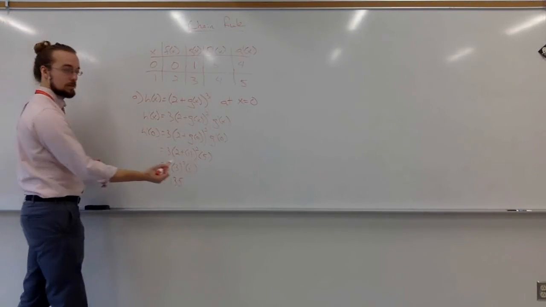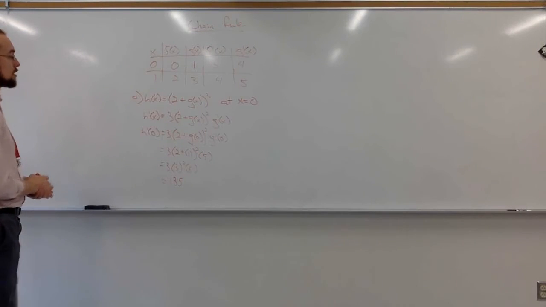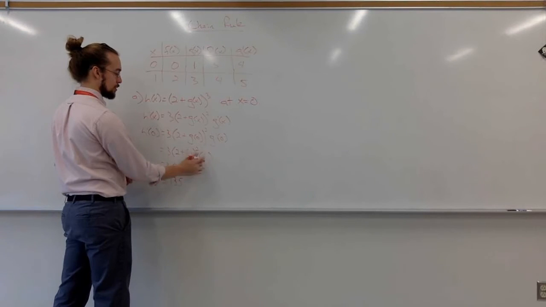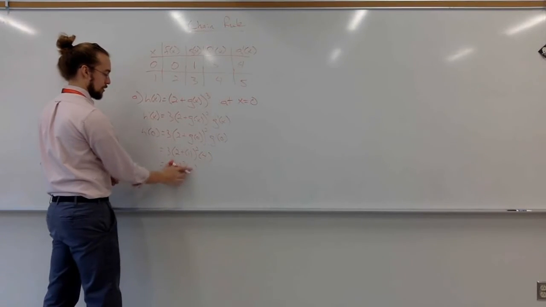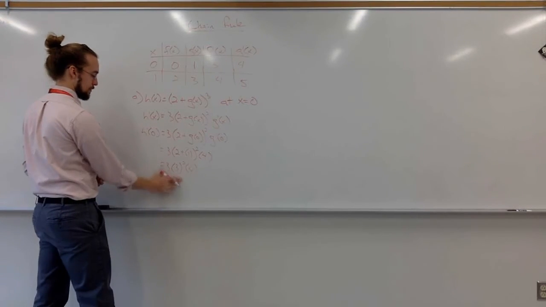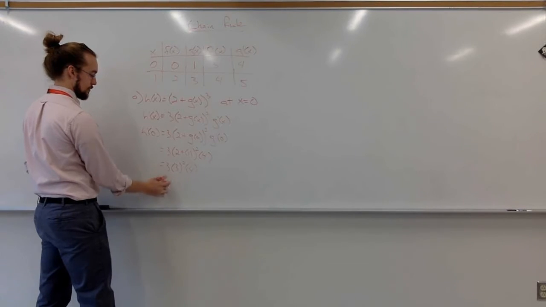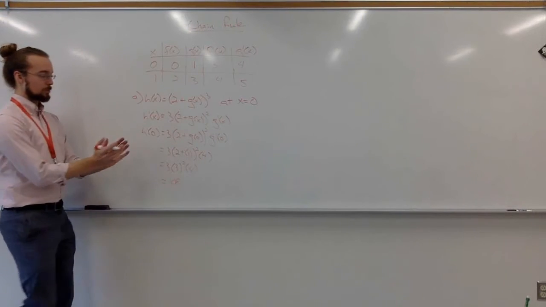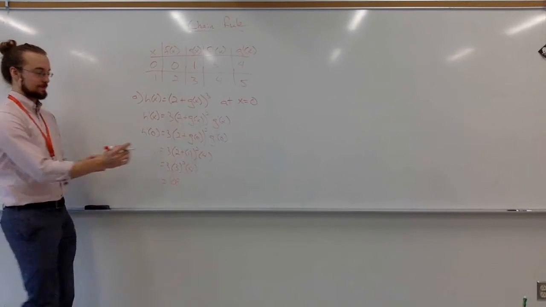G prime of 0 is 4, not 5. Oh, shoot. I looked at 1, didn't I? Oops. That's 4. Should be 1 or 8. That's a 1 in parentheses.